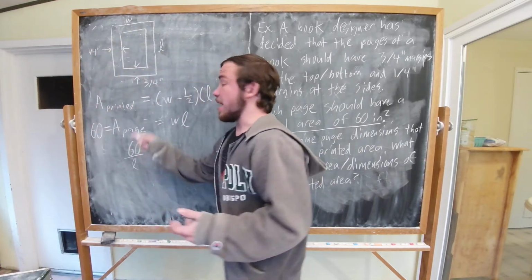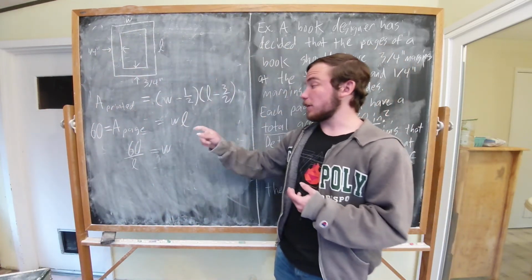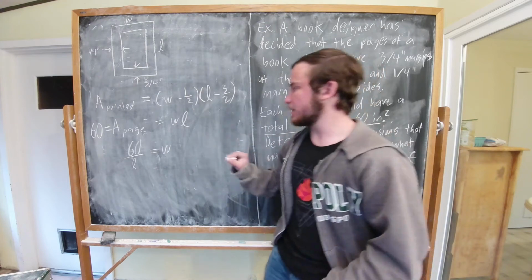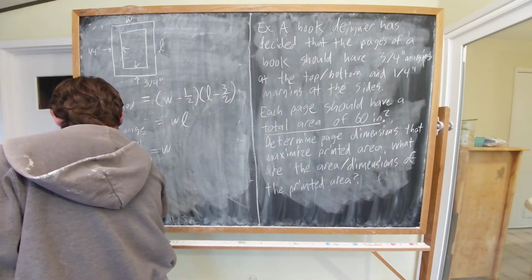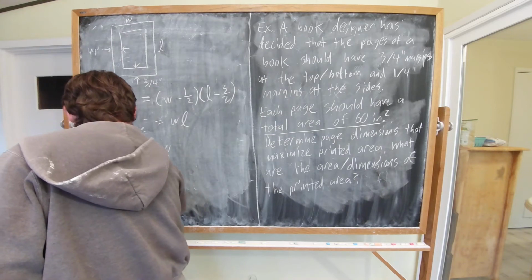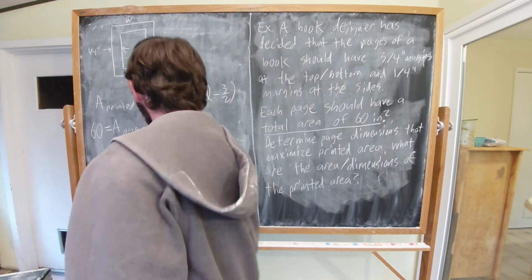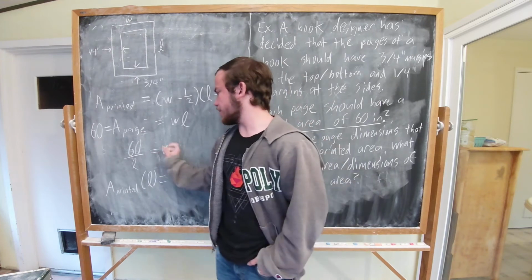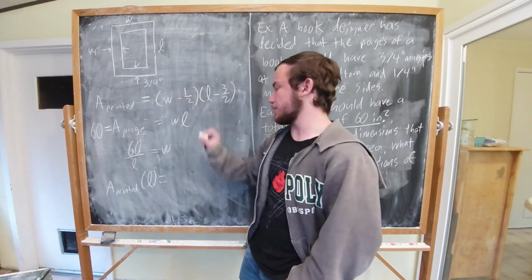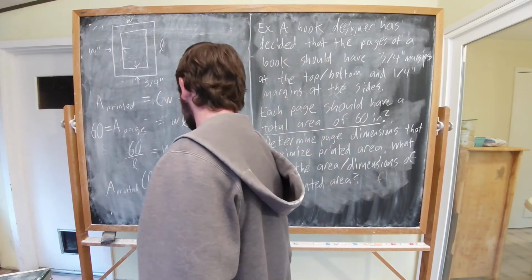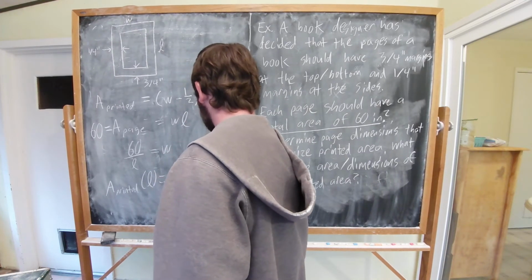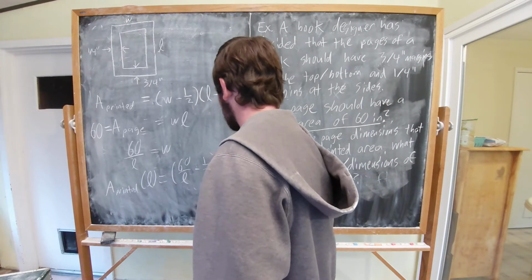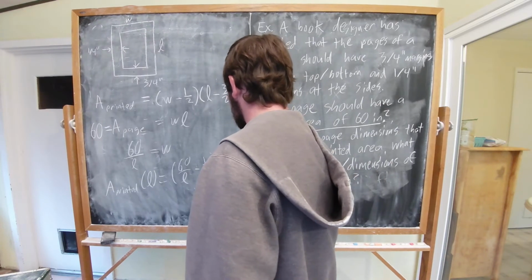We now know that the area printed as a function of the length is going to be just what happens when we substitute in this definition for W. So it'll be 60 divided by L minus 1/2 times L minus 3/2.